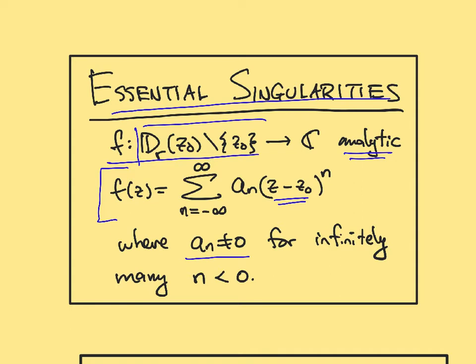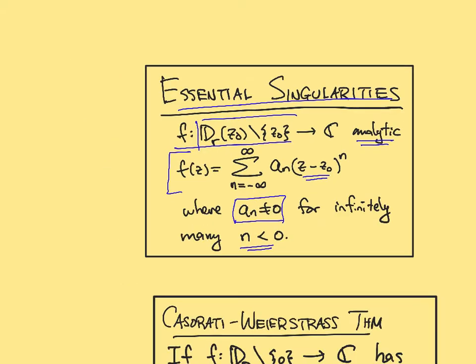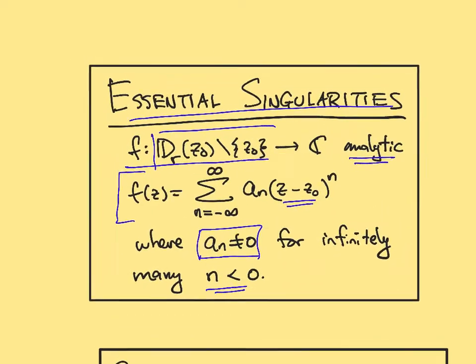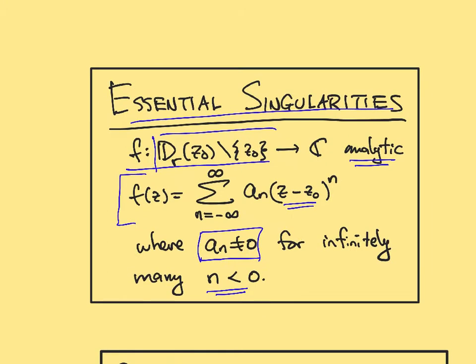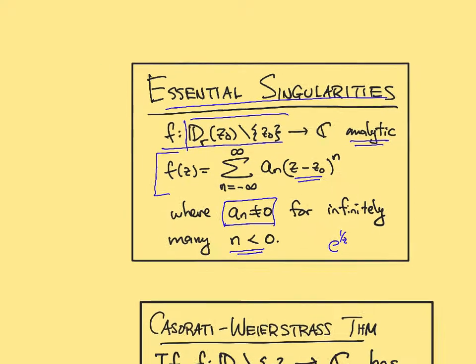So we have to have a_n non-zero for infinitely many negative n's, and that characterizes essential singularities. And that justified how we could say that e to the 1 over z had an essential singularity at 0.